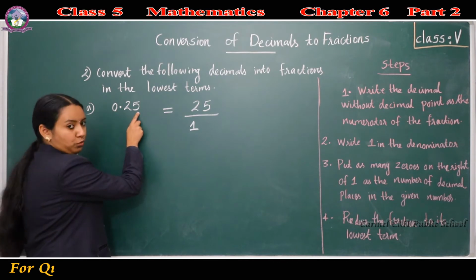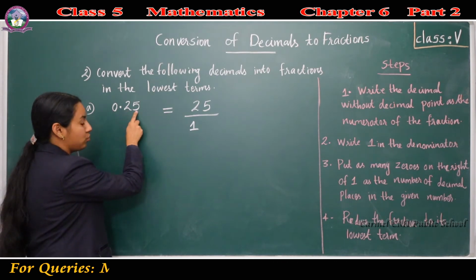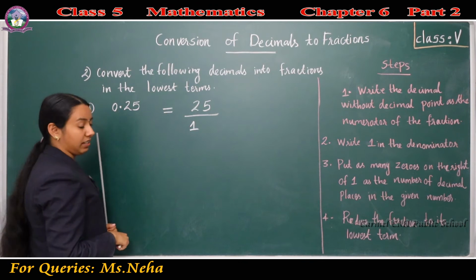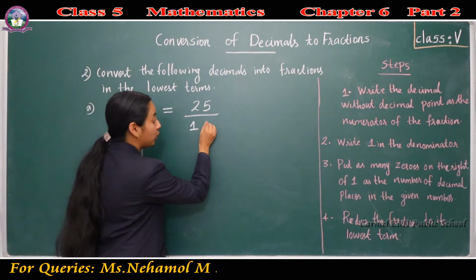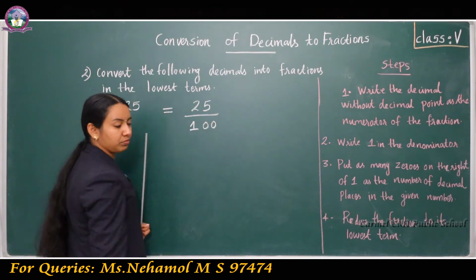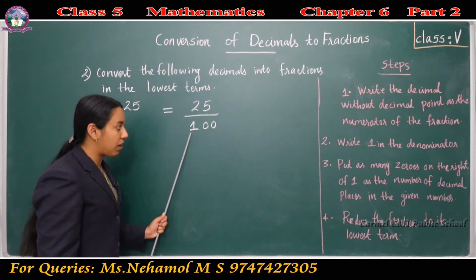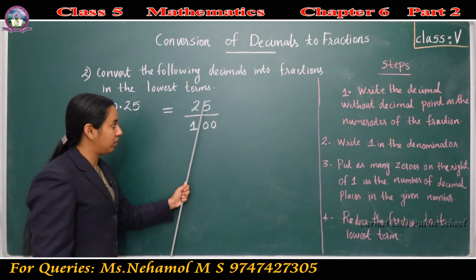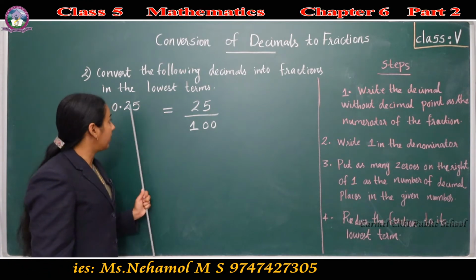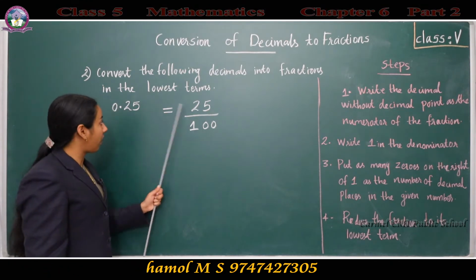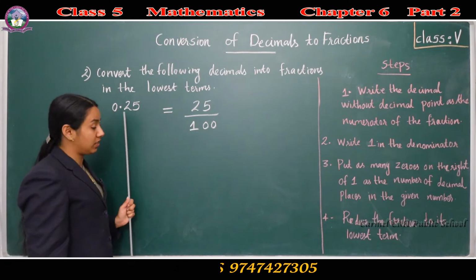After the point, 1, 2. Two decimal places are there, so we have to put 2 zeros. So 25 by 100 is the corresponding fraction form of this decimal.